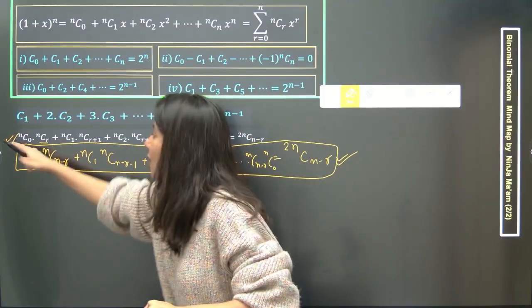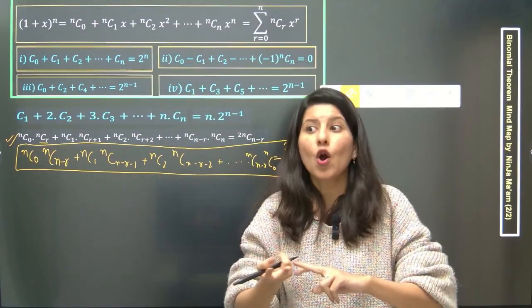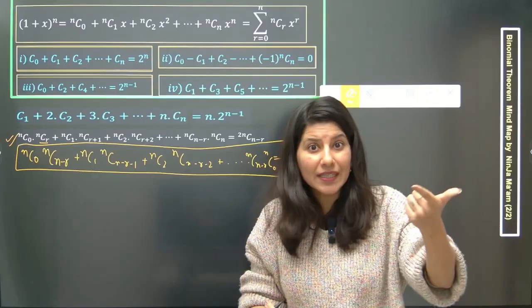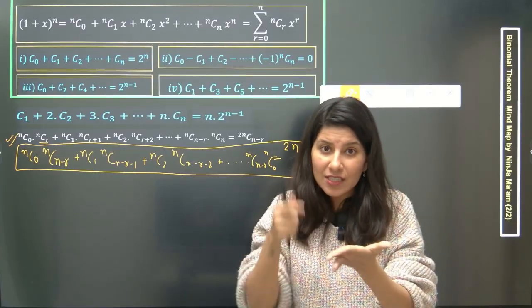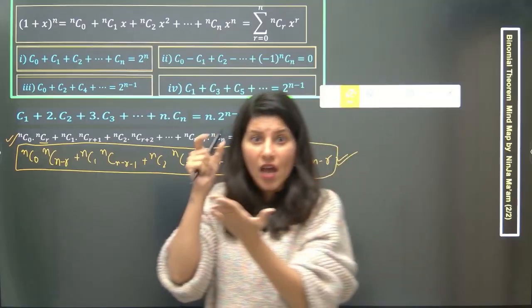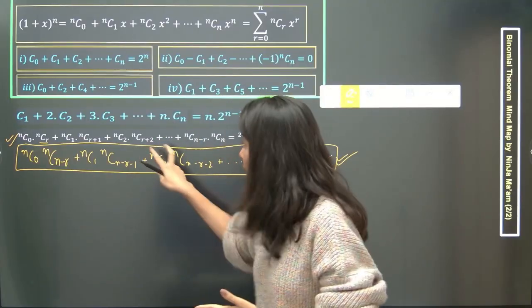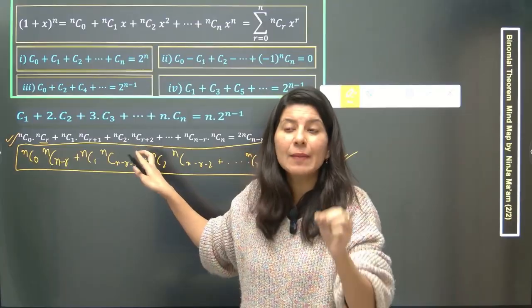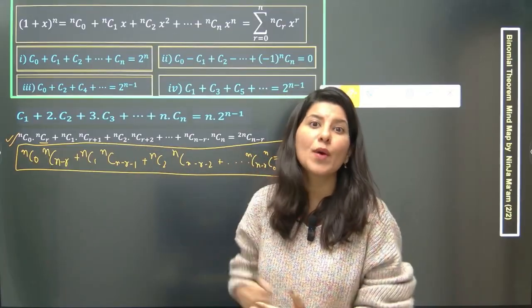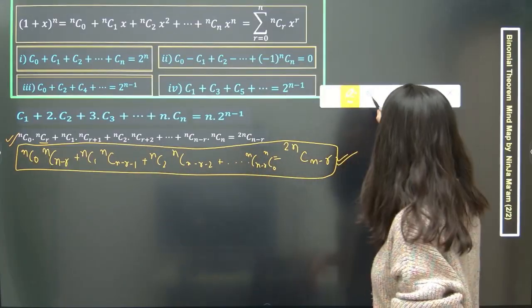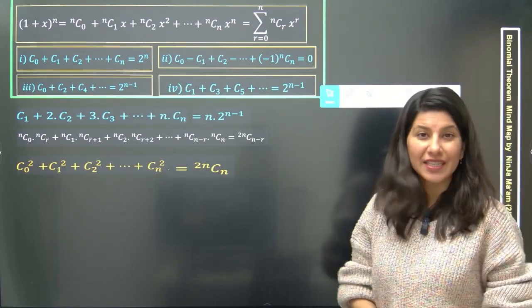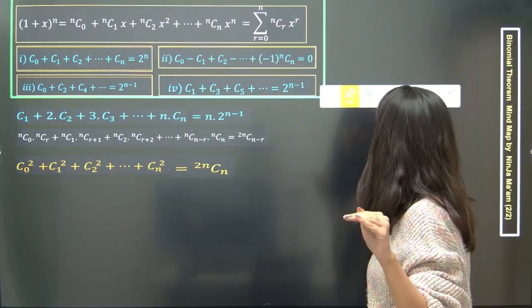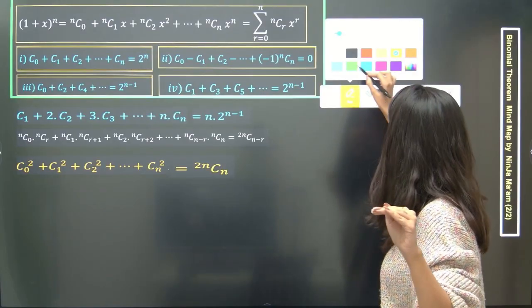So understand, you have to convert the other combination using the property nCr equals nC(n minus r), and then just think that every product should give you the same sum of lower index. Okay. Alright, this is again the property. Now this property, again a similar property, although you are not able to see it, but I will make you see it.